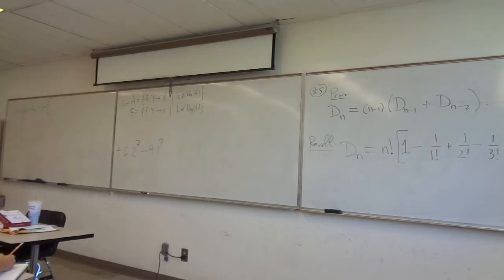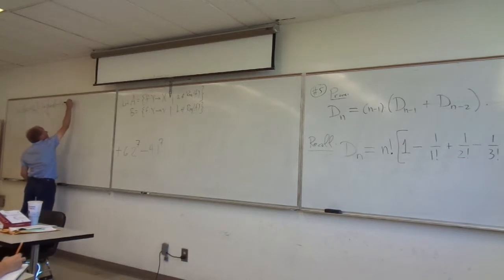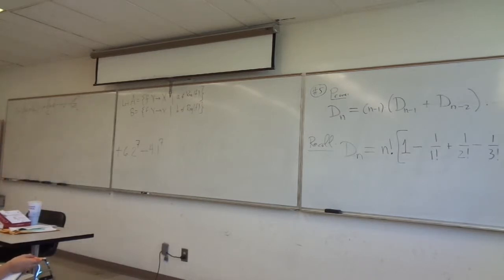So D sub n minus 1 is n minus 1 factorial times 1 minus 1 over 1 factorial plus 1 over 2 factorial minus dot dot dot plus negative 1 to the n minus 1 over n minus 1 factorial. So it's that whole thing. That's D of n minus 1.